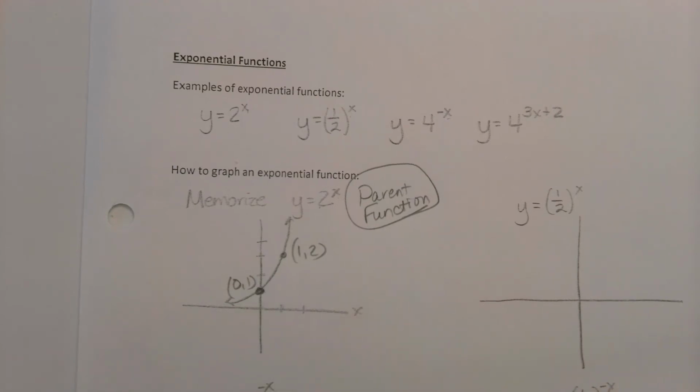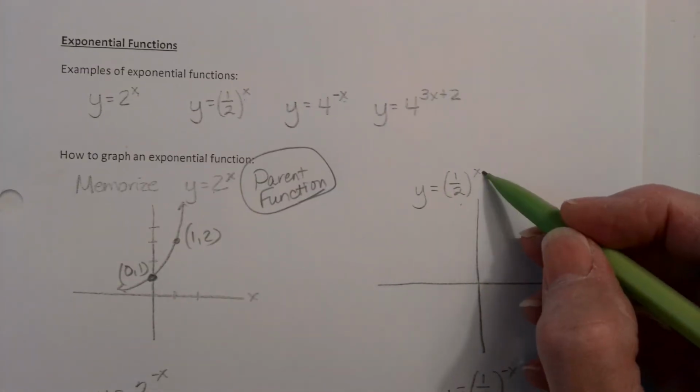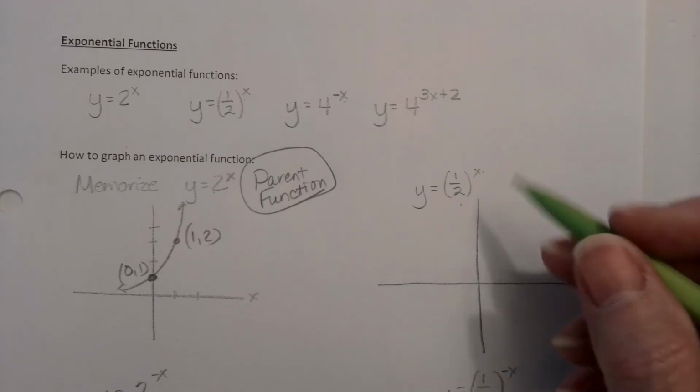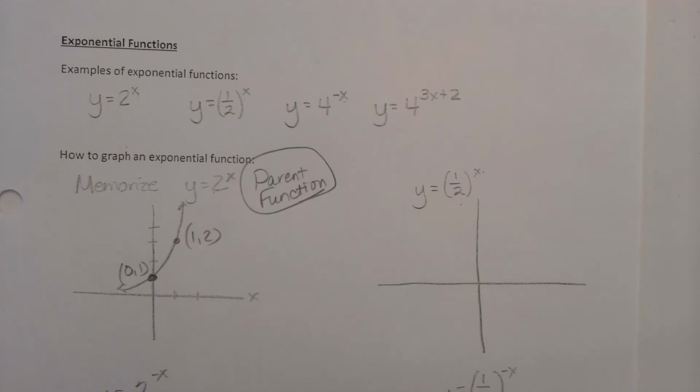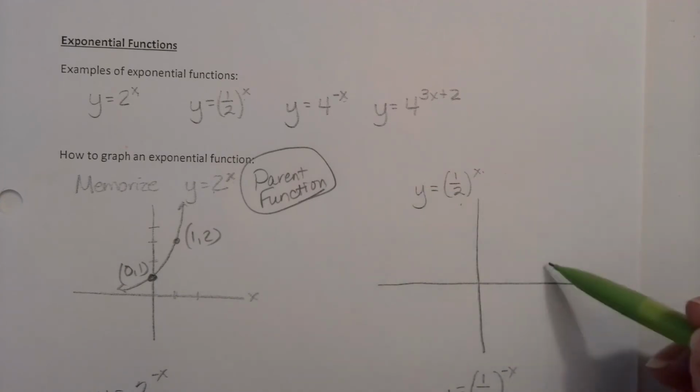Now, knowing that one, then when it says 1/2 to the x, or anything less than 1, like a 1/3 or 1/4 or 2/3 or something, then it's going to look like this, but it's just going to flip the other direction like this.